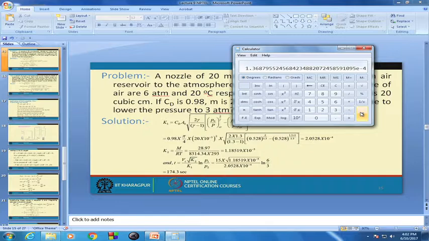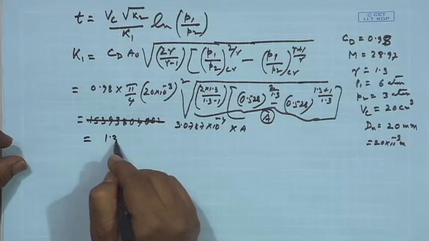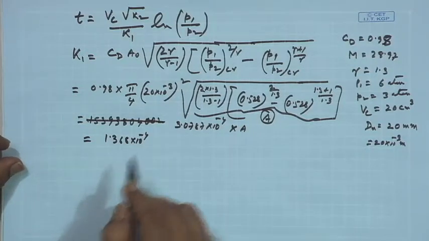This is coming 1.368 times 10 to the minus 4. Please check whether this is correct or not.